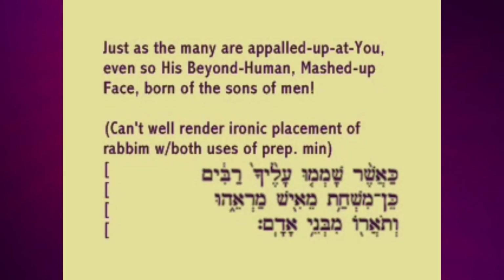And where I'm getting the up at you is aleka. Al is the Hebrew preposition for looking up or up. It's really got the root idea of the smell of the smoke of the sacrifice going upward. And it ends up meaning above. And as you can tell, al is the root prefix for God. So again, as in 52:13, Isaiah is making sound play on the sounds of God.